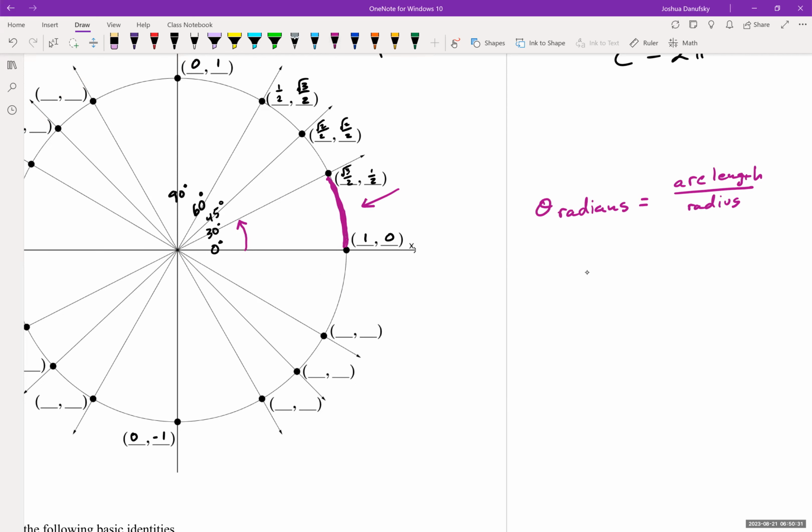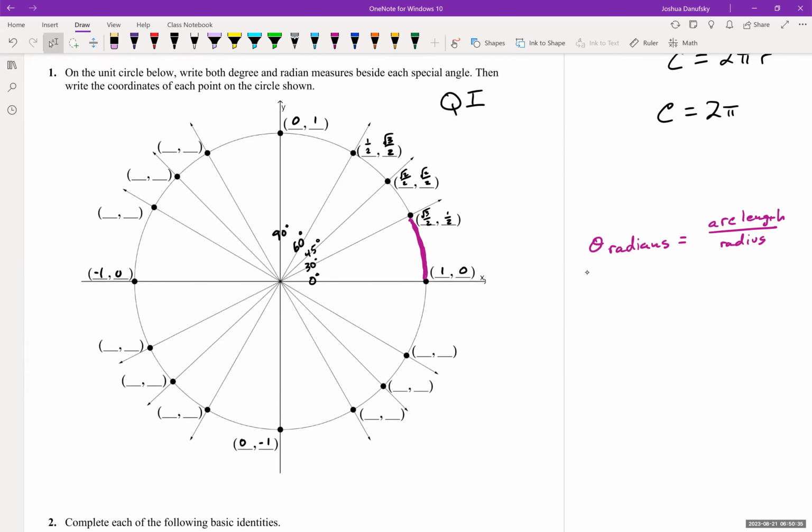And so if we took a piece of string and we measured this, then we took that same piece of string and aligned it on the circle, maybe it would go 1 there, and then 2 here, and then 3 maybe about there.